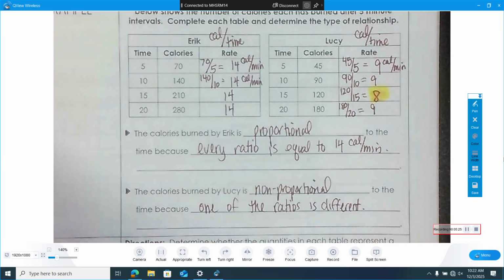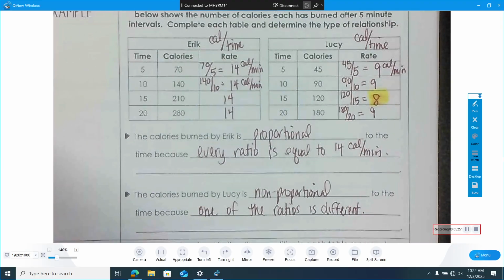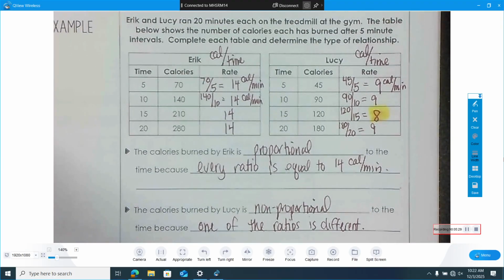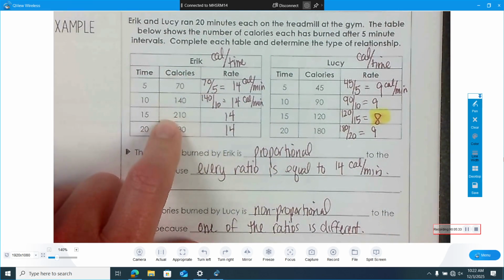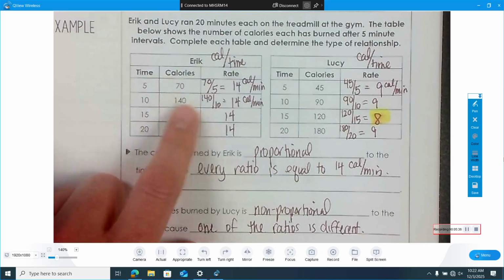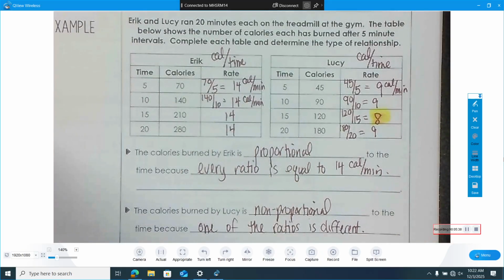All right. And so that's what we're doing a lot of today. The very first thing you see in Delta Math, they're going to give you a table, and they just use X's and Y's. And so all you have to do is divide and see if they all match. If they match, we know we're proportional. And if they don't match, it's not proportional.